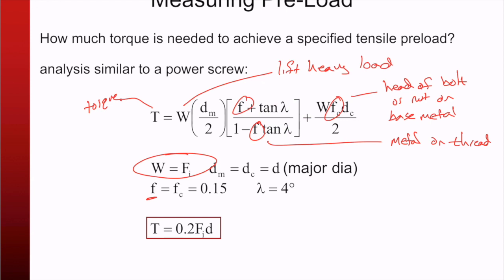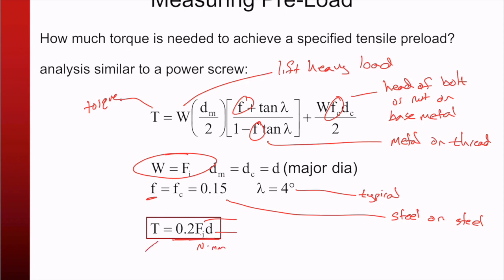So if we assume that the coefficient of friction here is, let's call this steel on steel. And then we consider this as pretty typical, 4 degrees. Right, we discover that the torque necessary is about 0.2 times the preload times the diameter, right? Does this work out? Yeah, so the force here is in newtons and the diameter is in millimeters. So that would give us Newton millimeters here, right?